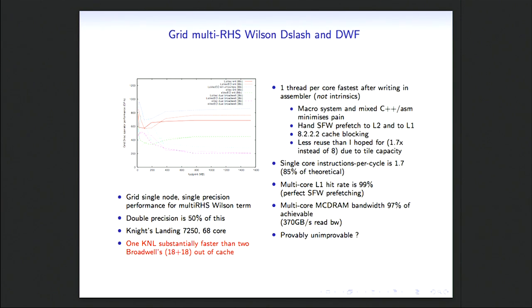The single core instructions per cycle after all this effort is 1.7 out of a possible 2, which is not bad. Multi-core, the L1 hit rate is 99% out of obviously a possible 100, because I have prefetched into the L1 so aggressively in the code. So that's perfect software prefetching. And we're hitting 97% of the available read bandwidth out of the MCDRAM once we're finished with it.